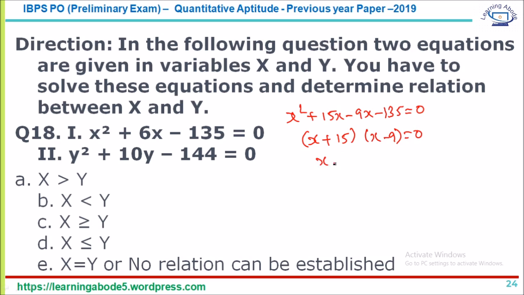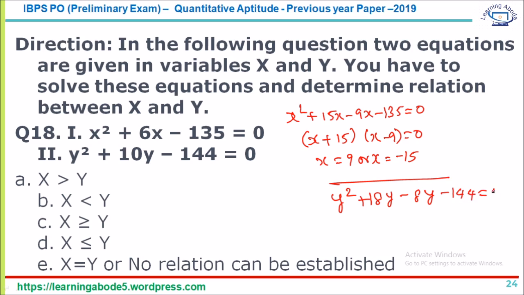So you get x equal to 9 or x equal to minus 15. Now this is the value of x. As far as y is concerned, you can write y square plus 18y minus 8y minus 144 equal to 0, because 18 into 8 is 144. So when you solve, you get y equal to minus 18 or y equal to 8.